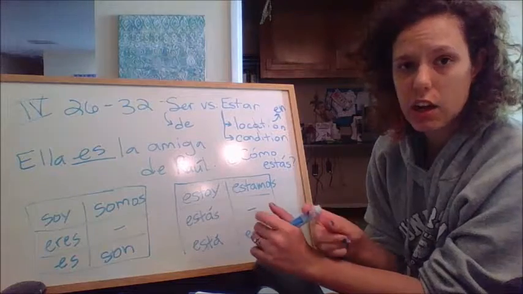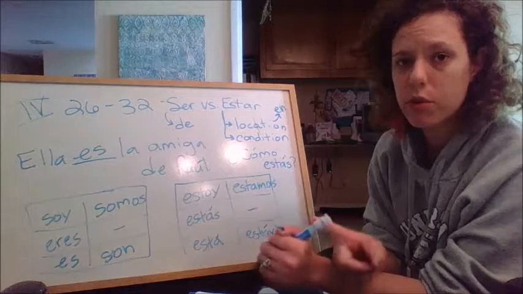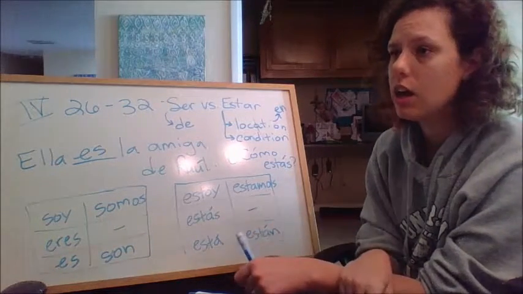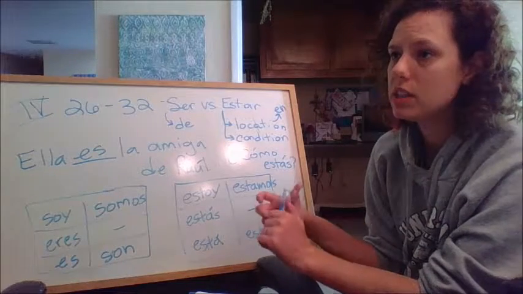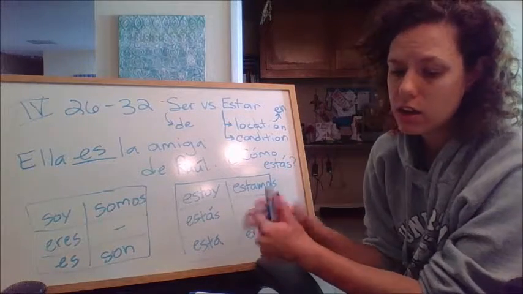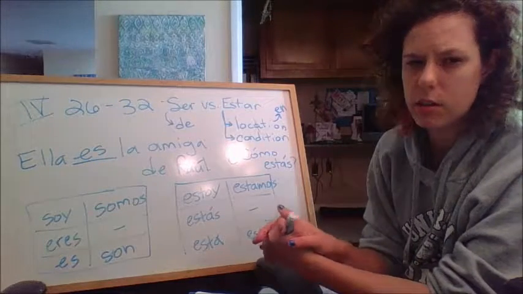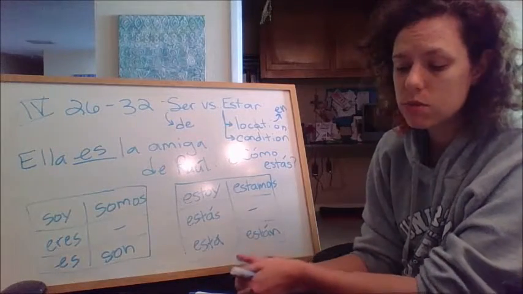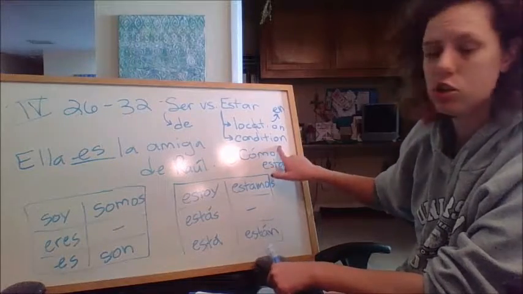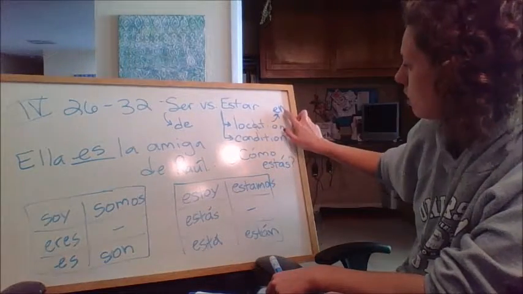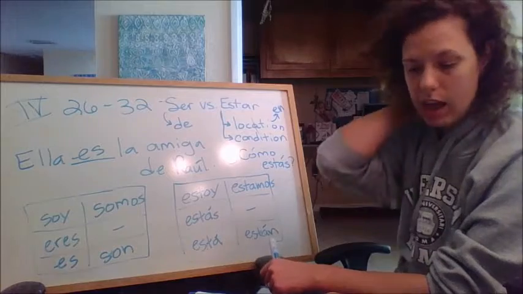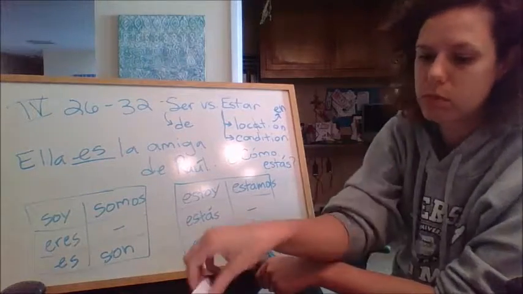If you're sick, you're estoy enfermo or enferma. Tired would be cansado or cansada. Or if you're doing well, you'd say estoy bien. I may have already said that one. But those are some things that you might see in condition. And then, like I said, for location, if you've got N, then it's probably a location.